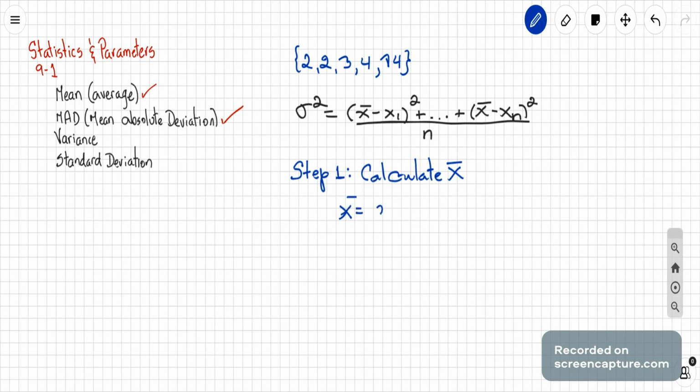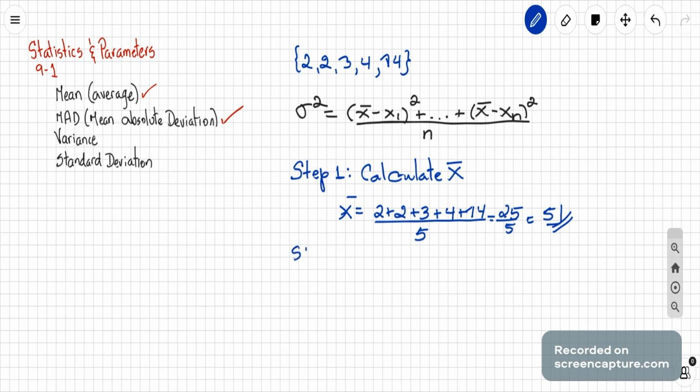That equals 2 plus 2 plus 3 plus 4 plus 14, and I'm going to divide all of that by 1, 2, 3, 4, and 5 numbers. That equals 25 divided by 5, which equals 5. So we already have the mean, the arithmetic mean.